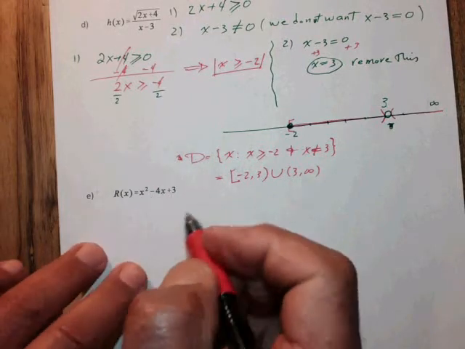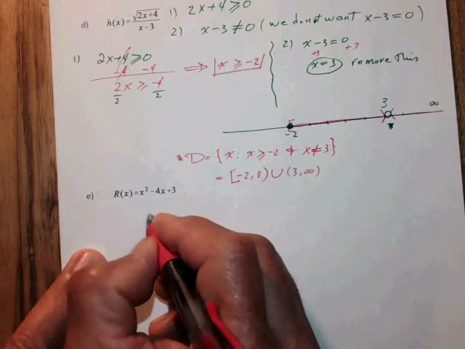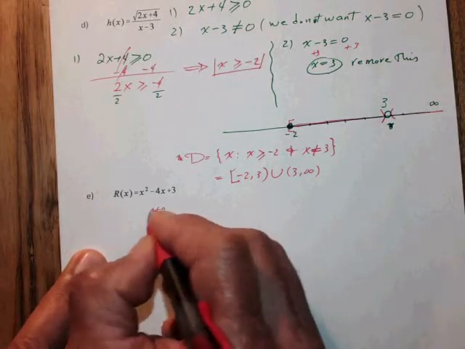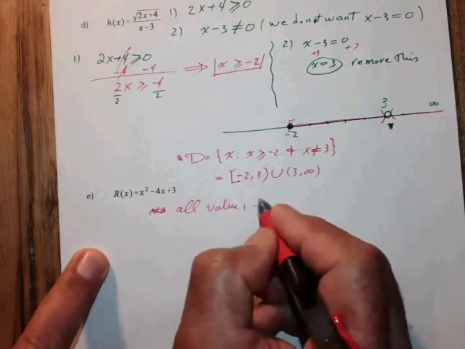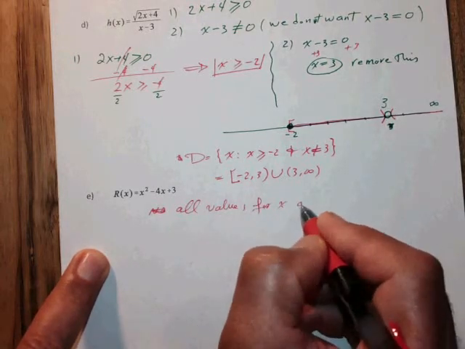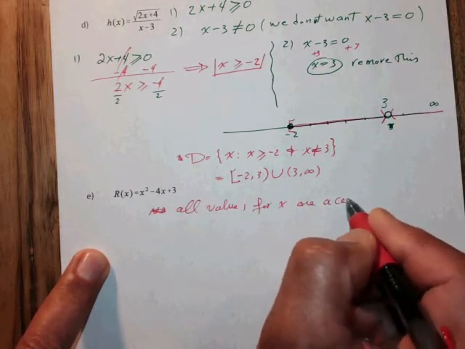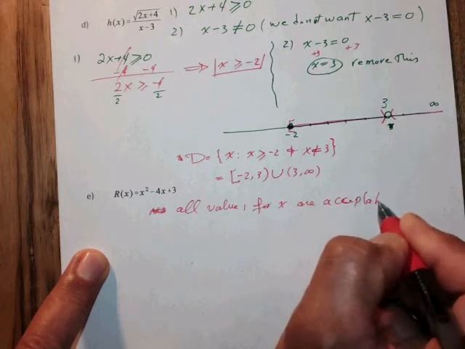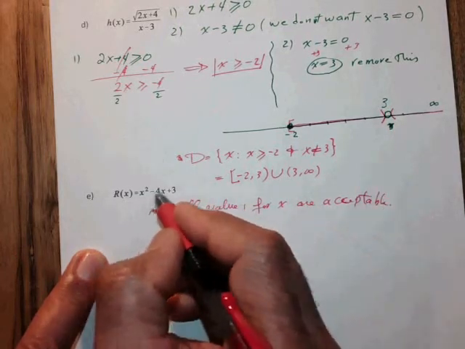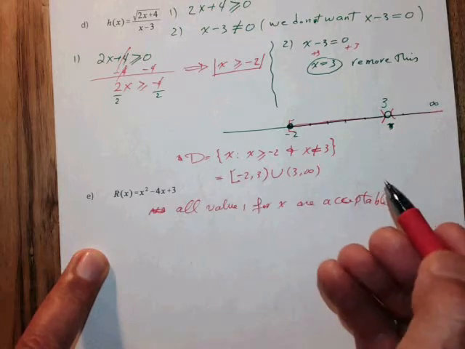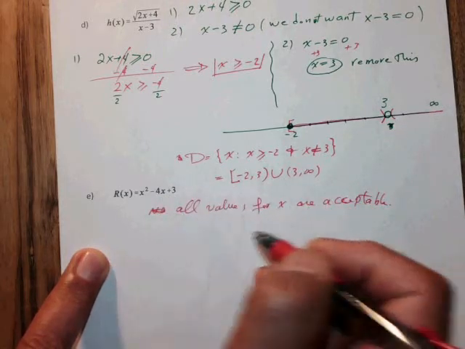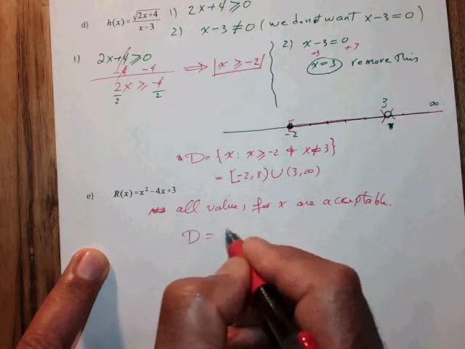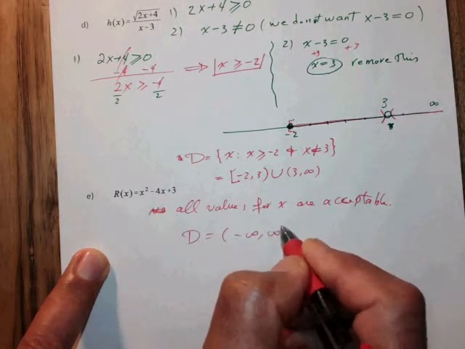So here, all values for x are acceptable, because there is no radical sign to produce a negative number under the radical, and there are no fractions to produce 0 in the denominator. So the domain is from minus infinity to infinity.